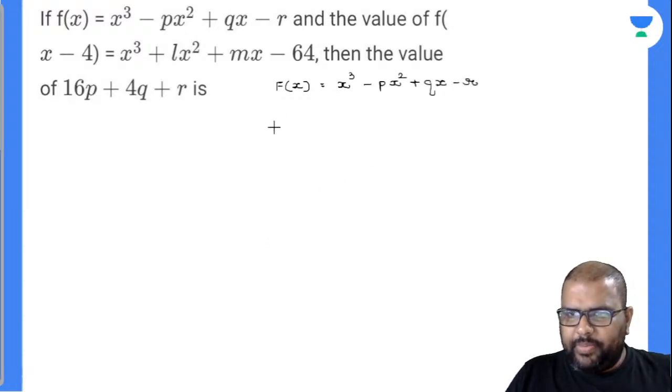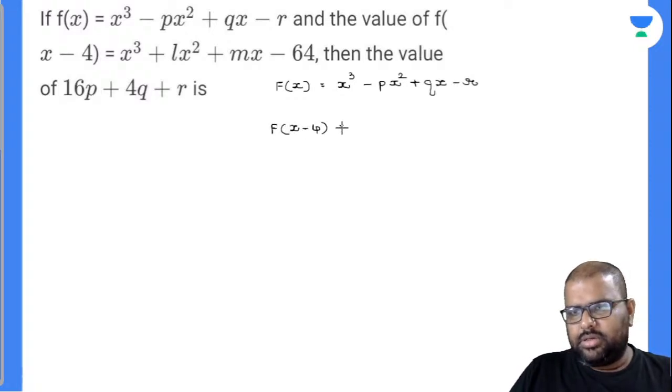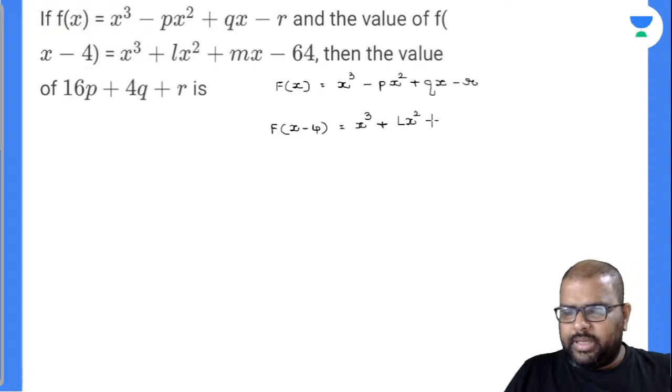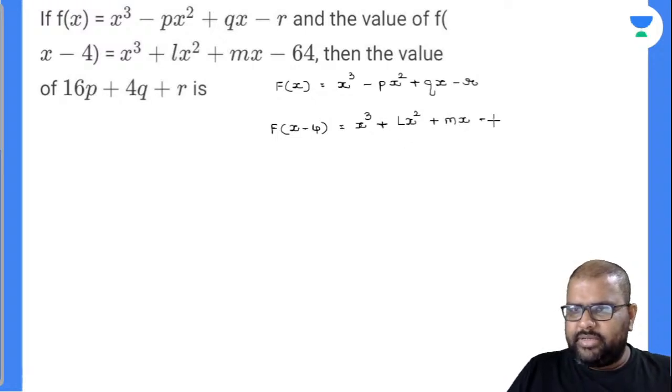Now again one more point is given there. F of x minus 4 is nothing but given as x cube plus lx square plus mx minus 64 is the value. Then you are asked to find out this value.